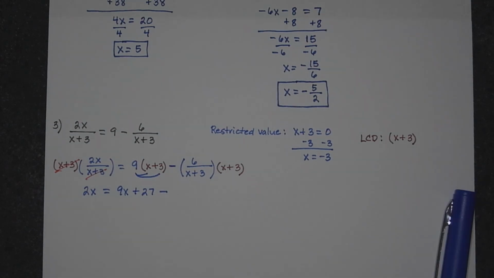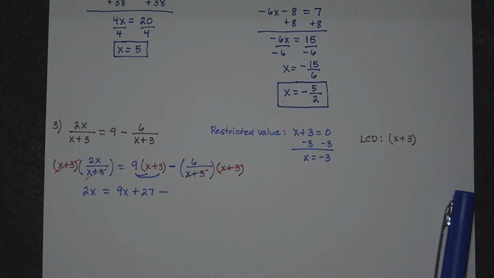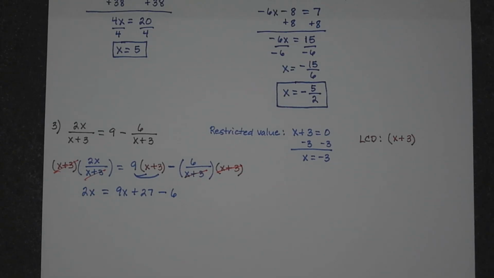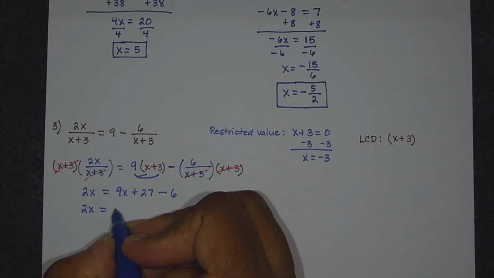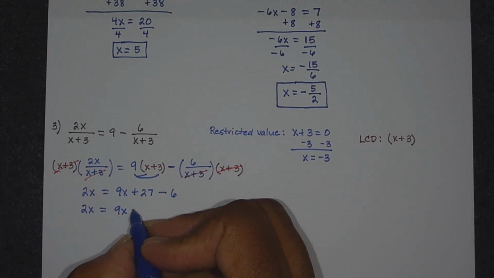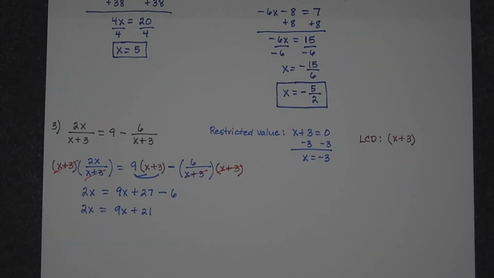And then minus, for 6 over x plus 3 times x plus 3, the x plus 3's divide out, and you'll be left with 6. So I got 2x is equal to 9x plus 27 minus 6. All right, let's combine like terms if we can. What's 27 minus 6? 21. So I got 2x is equal to 9x plus 21.